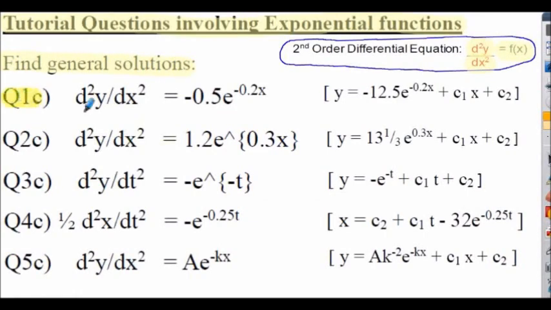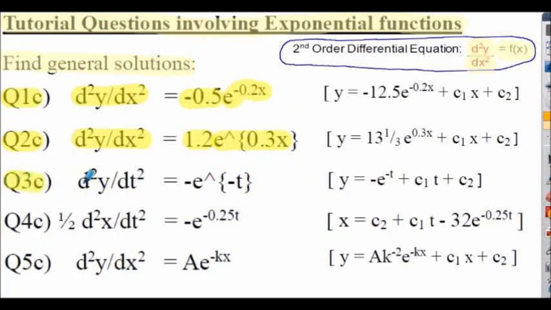So question 1c, we're given d2y by dx squared is equal to -0.5 multiplied by e to the -0.2x. Question 2c, d2y by dx squared is equal to 1.2 multiplied by e to the power of 0.3x. Just notice a slight formatting change here for the exponential.